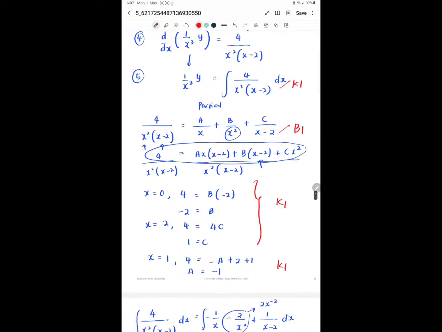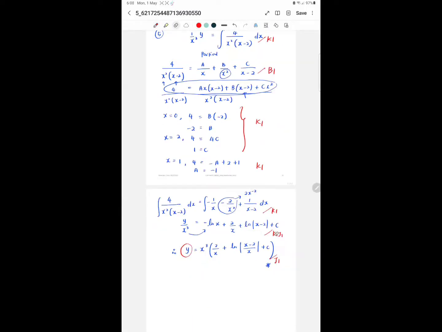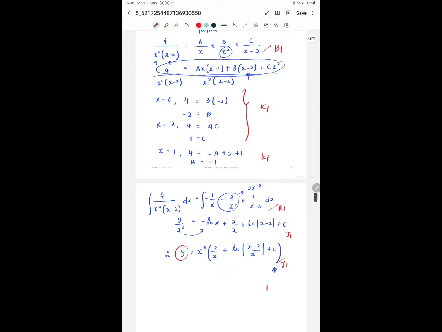Get correct answer for a, b, c, K1 there. And then we substitute back, integrate. Then finally, integration correct, J1. Final answer must write y as subject, so that will be J1. So total marks. Sorry, this one we have only 1 mark for integrating the partial fraction. So you get J1, total marks is 10.